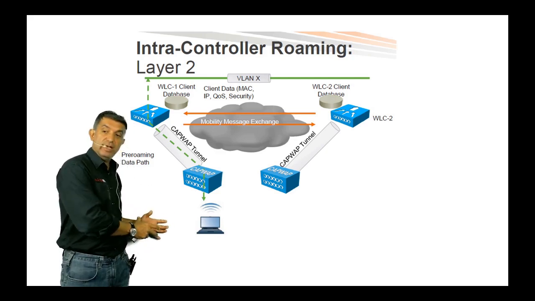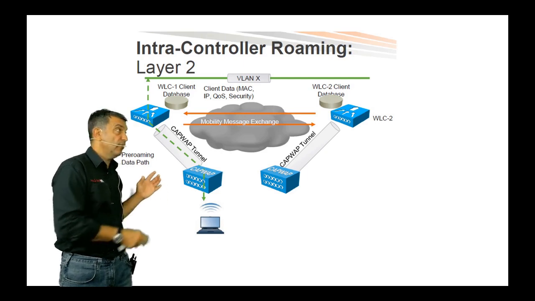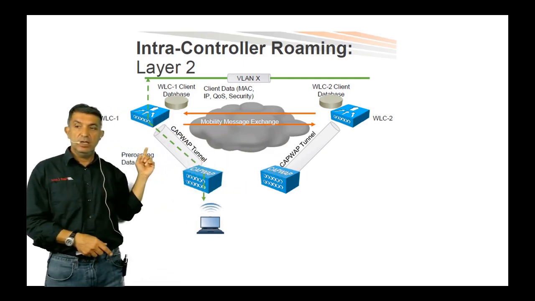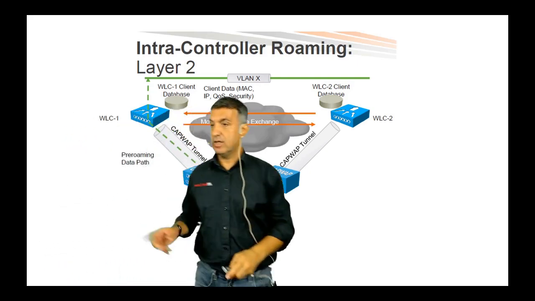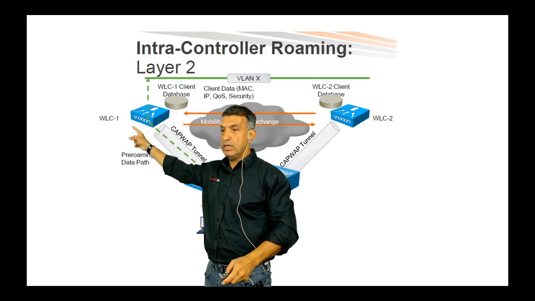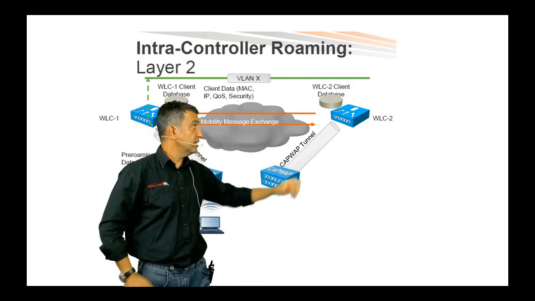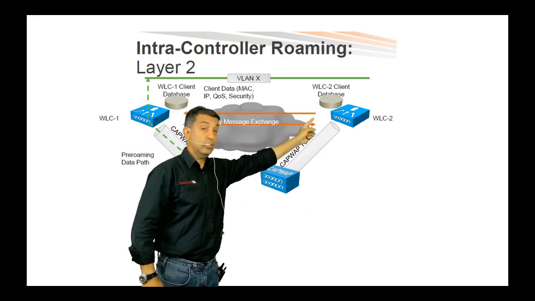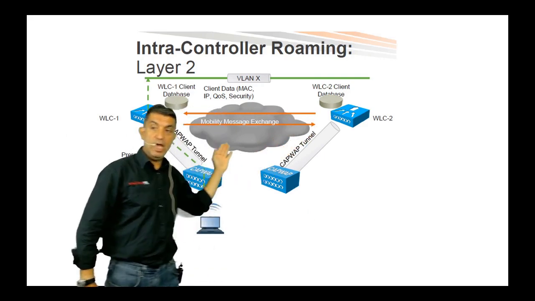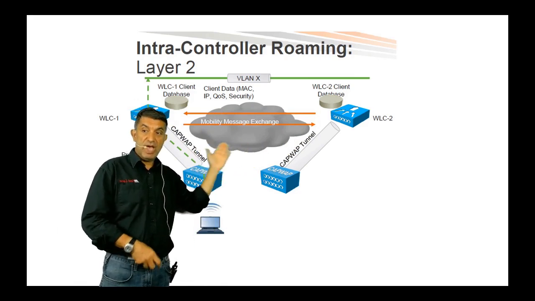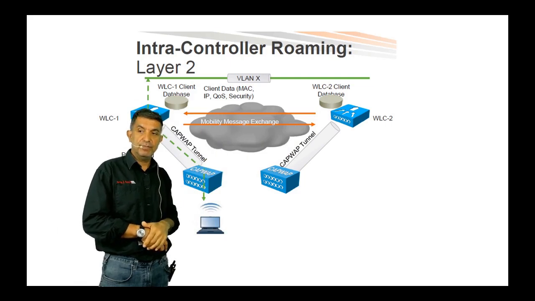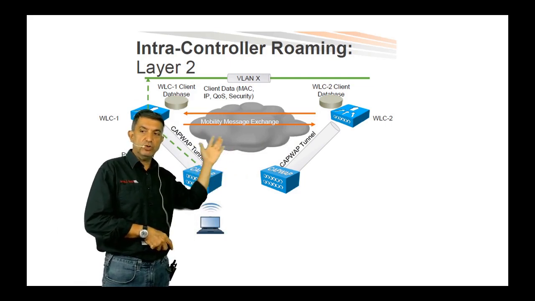For example, we have a campus, and the controller on this side is in building 1. The controller on this side is in building 2, that one. And between both controllers, maybe we have a mesh installation, wireless mesh for outdoor.